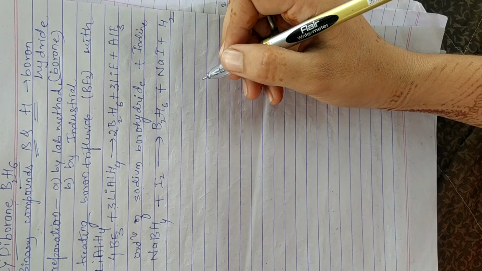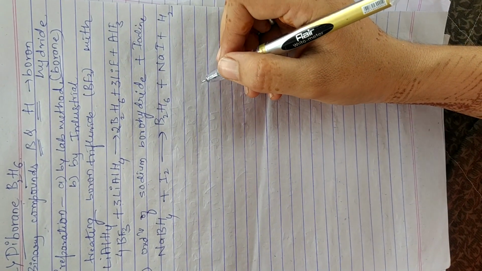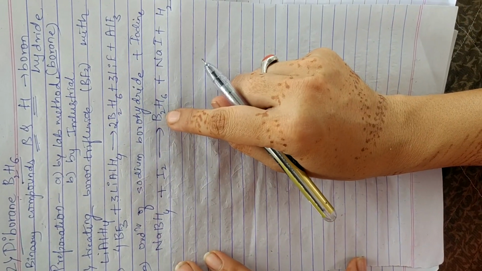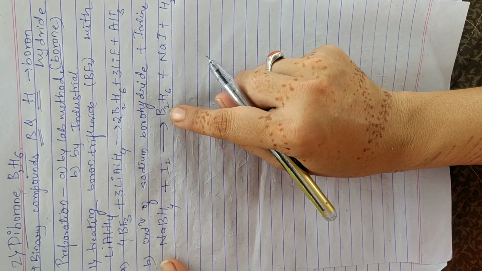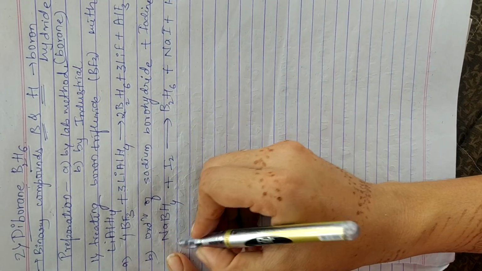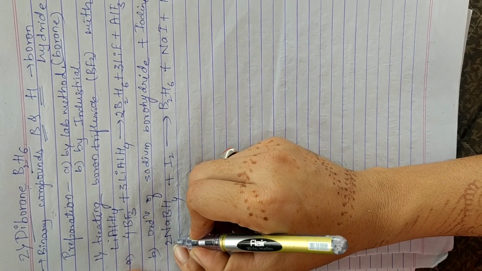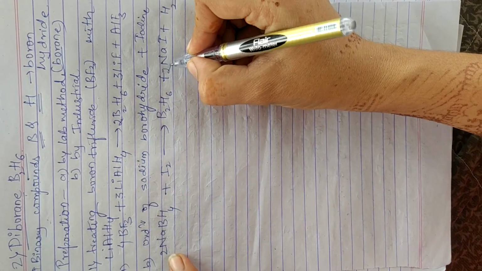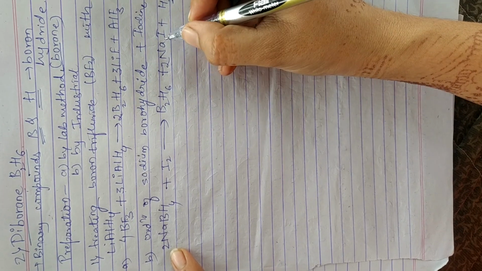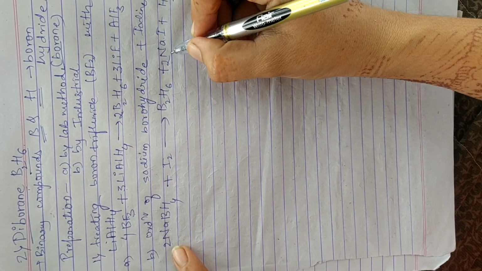Here also boron 2 molecules are there. Therefore, we have to substitute 2 for this boron. Now sodium also becomes 2. Therefore, we substitute 2 for this sodium. Now iodine becomes 2.